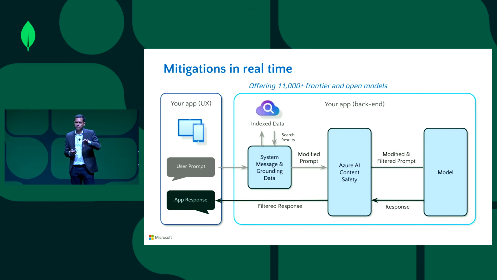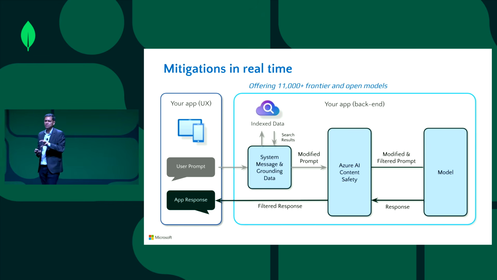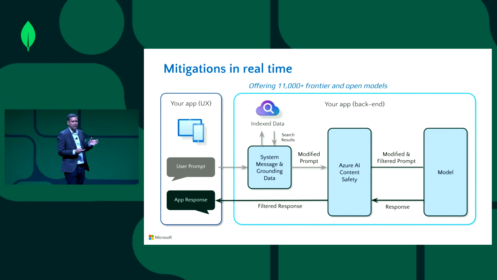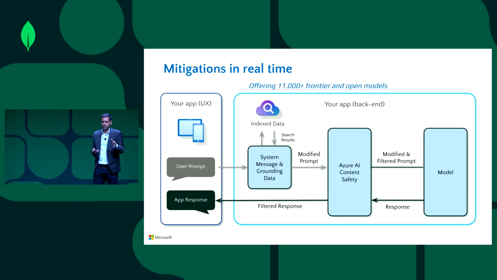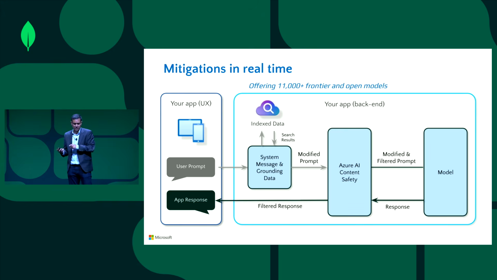Now that modified prompt gets passed to Azure AI Content Safety to check for harmful input, PII, or prompt injection attacks. If anything is flagged, it gets filtered or blocked. And then the modified prompt gets passed to the model, which generates a response.